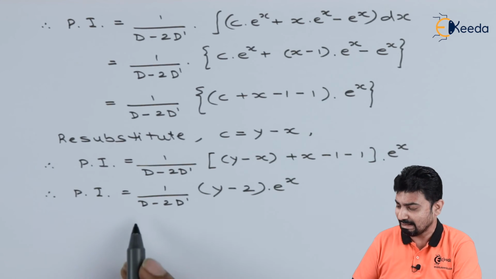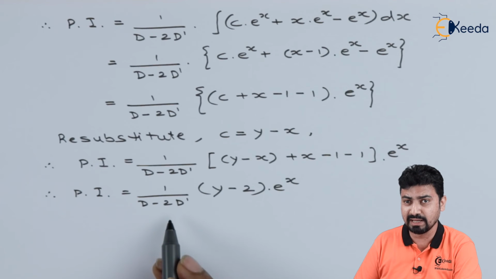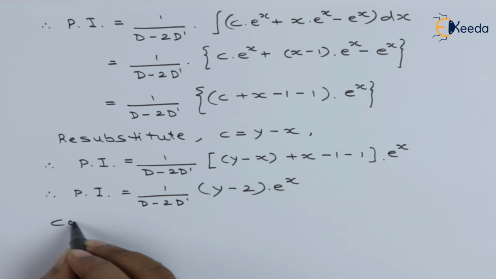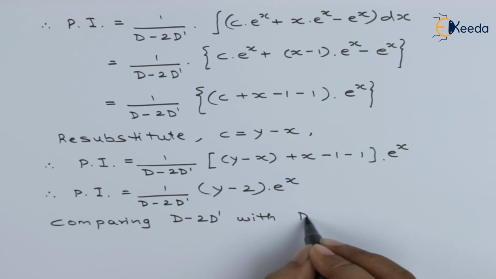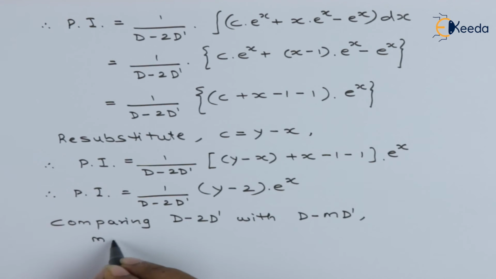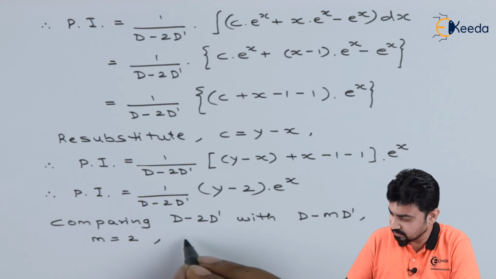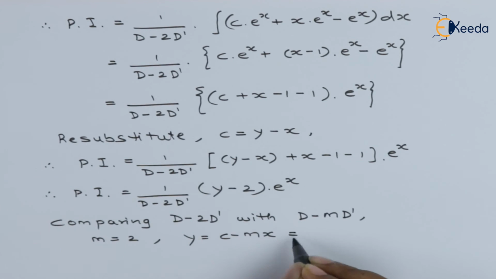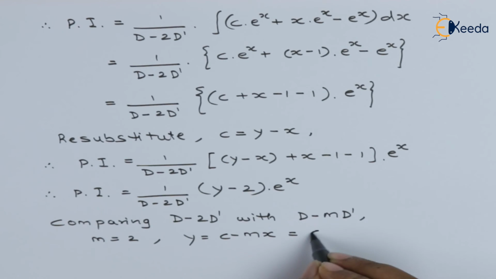Again, comparing the second linear factor D minus 2D dash with D minus mD dash, getting the value of m and applying the same rule for the particular integral. Thus, in this case, we get the value of y as c minus mx, m is equal to 2, so c minus 2x.